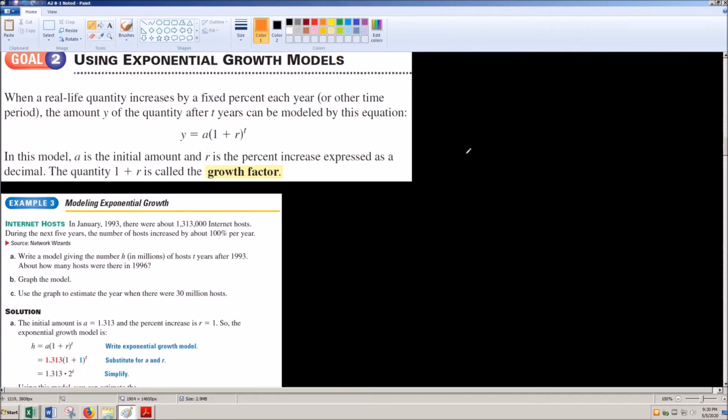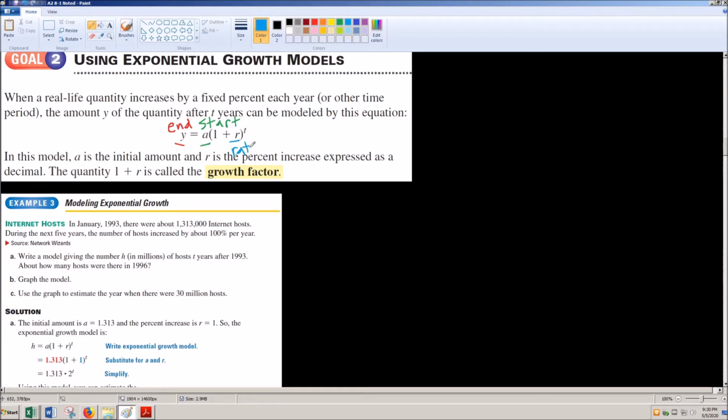All right, so here's how we actually use these things. Here we have an exponential growth model. This is basically saying the end value y is going to be the start value times 1 plus the rate.